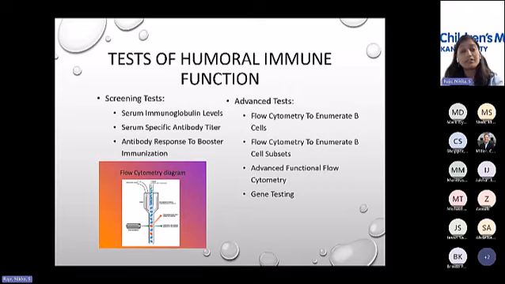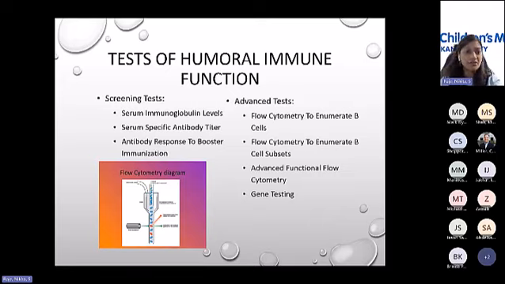More advanced testing involves flow cytometry for B cells, checking B cell subsets like naive and memory B cells or specific markers of immaturity, looking for functional flow cytometry such as in X-linked agammaglobulinemia. And then genetic testing has become more and more accessible and favorable just because of the complexity of the various immunodeficiencies that we now know of.